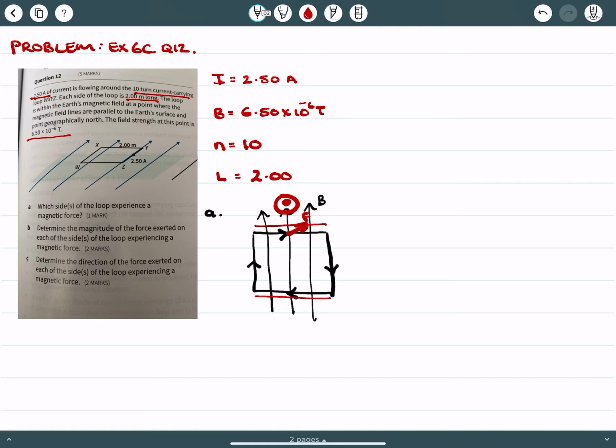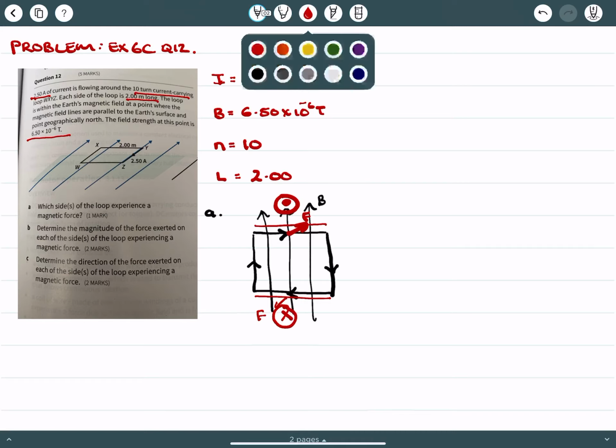In this section, with the field lines as my fingers, my palm will be pointing down, so the force is going down into the page.